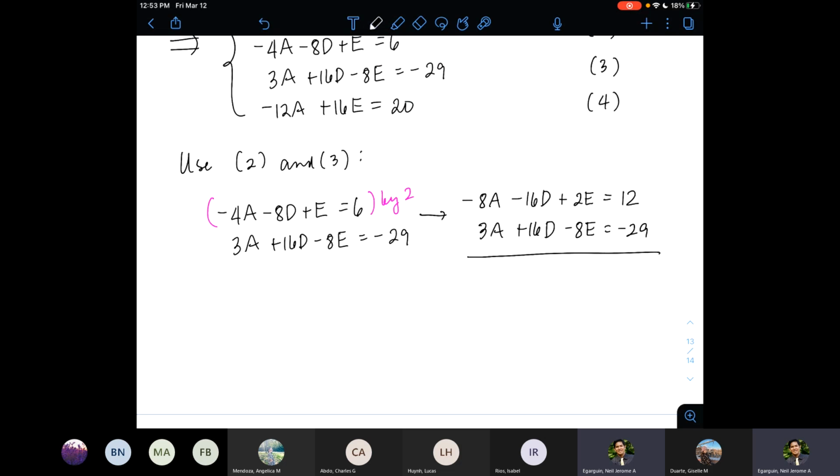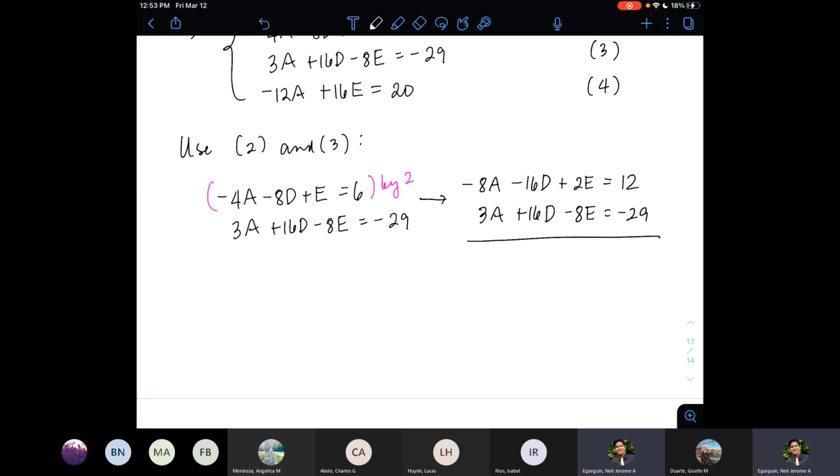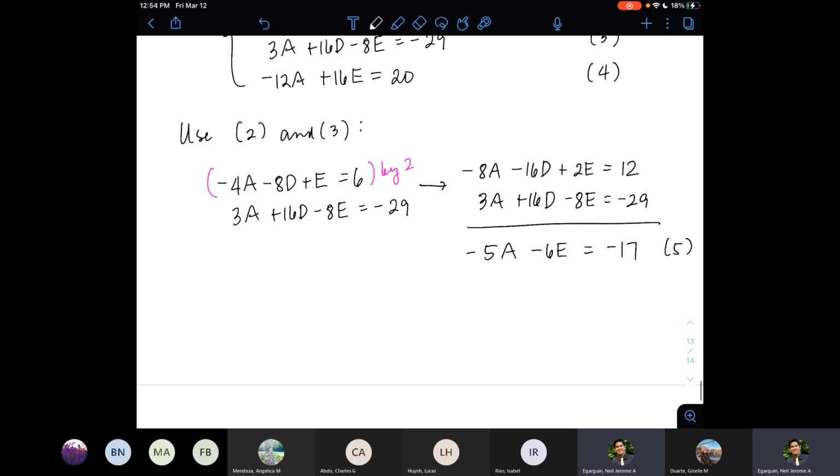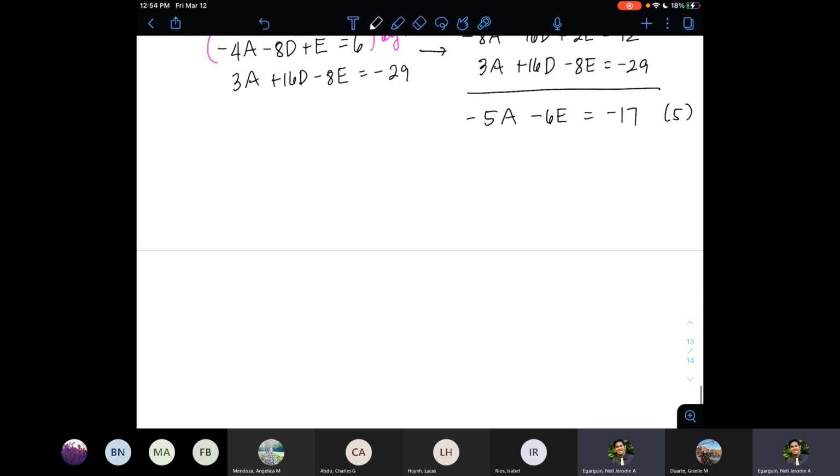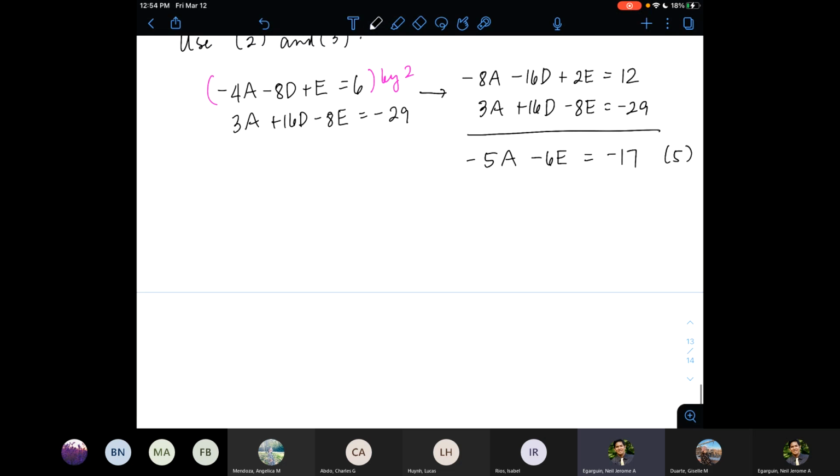I wanted to do that so that I can add them together. So we'll get -5a minus 6e is equal to -17. And then let's call this equation 5. I hope I did the calculations right.